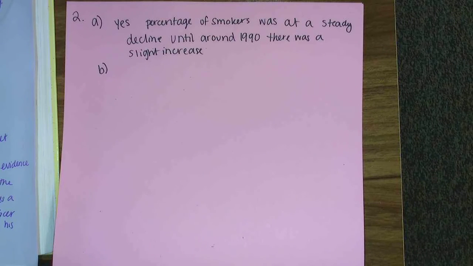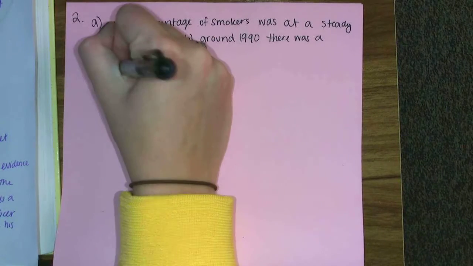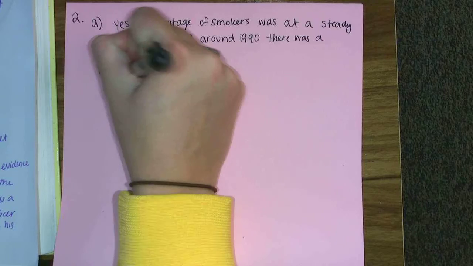In order for it to be strong, weak, whatever, it doesn't necessarily have to be linear. It can be parabolic. Okay, so based on that, would you say it's strong or weak? Strong? Okay. So yes, it's a strong parabolic association.